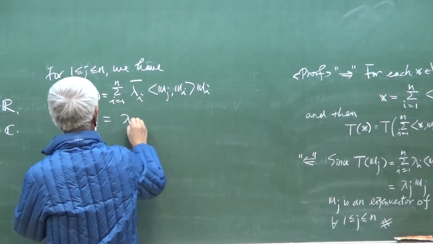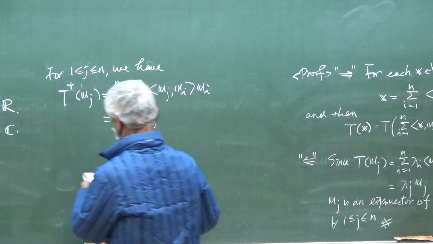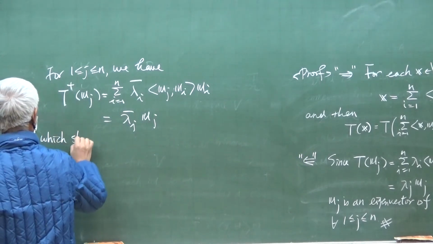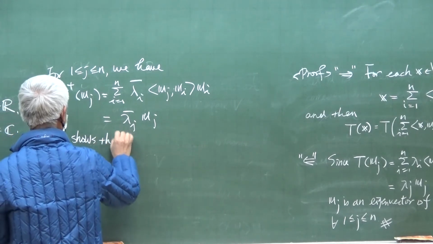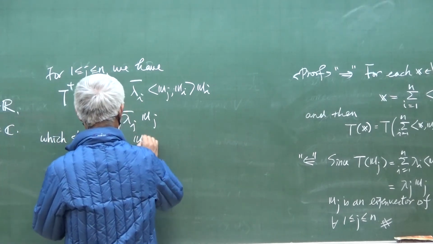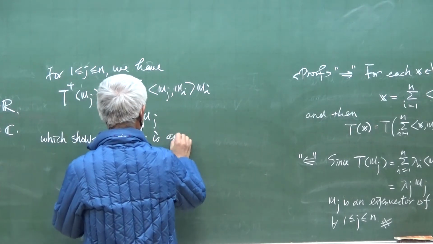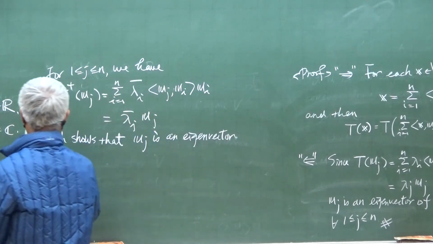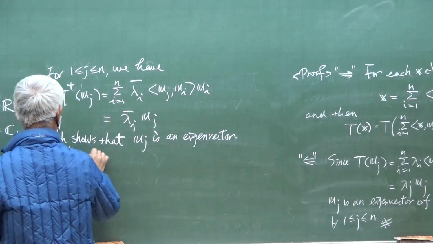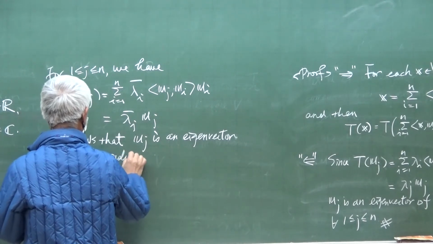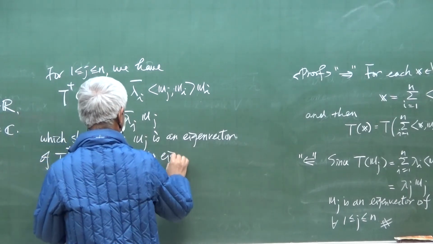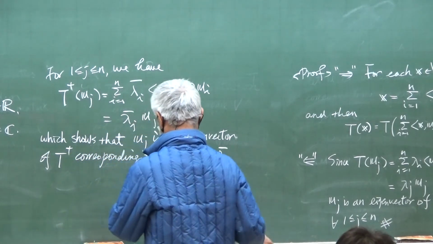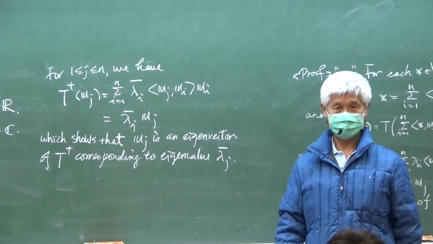So what is that? This is lambda_j bar u_j. So which shows that u_j is an eigenvector of T dagger corresponding to eigenvalue lambda_j bar.